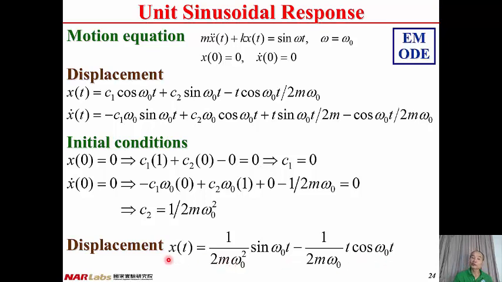Therefore, the displacement vibrates at the structural frequency omega 0. From the first term, the amplitude of the vibration is constant. But from the second term, the amplitude of the vibration increases with time. As t tends to infinity, the amplitude of the displacement also tends to infinity.